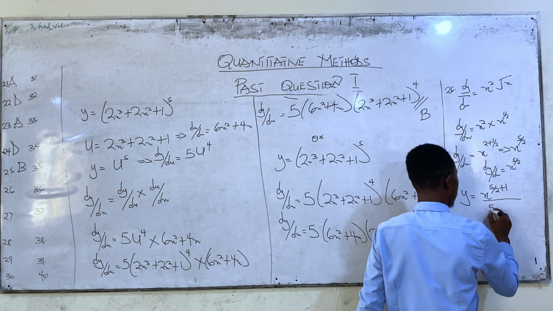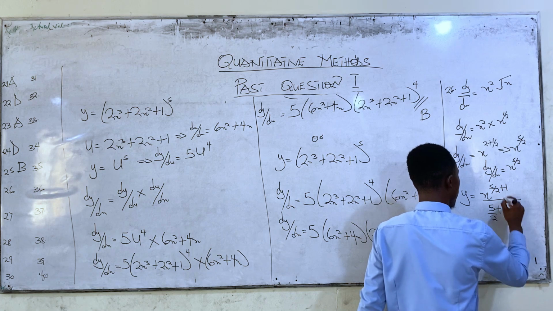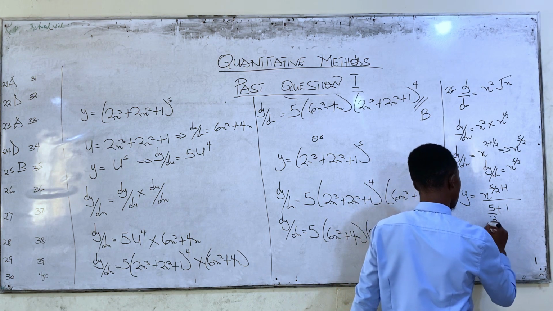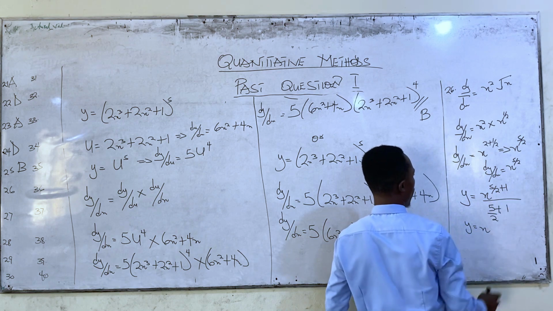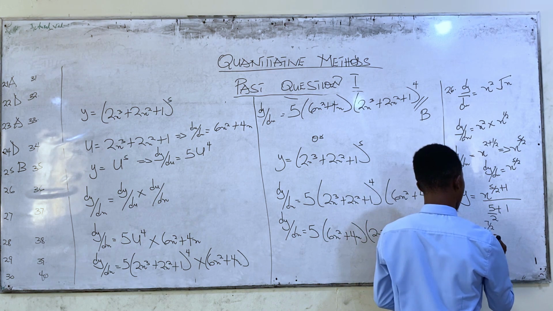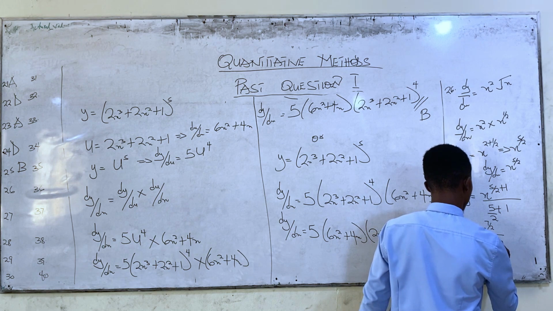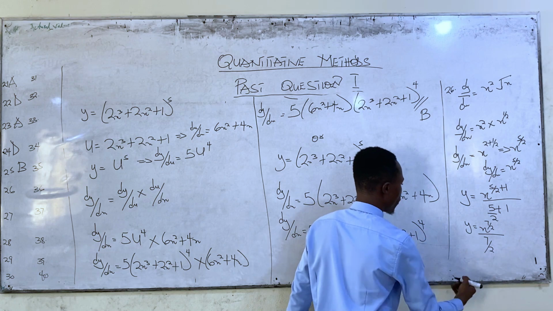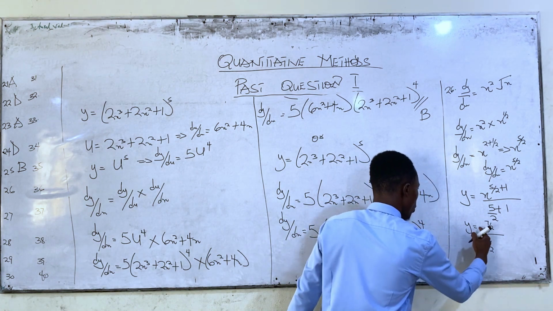The same thing, 5 on 2 here plus 1. Okay, so y is equal to x exponent, 2 times 1 is what? 2 plus 5 is 7. So you have 7 on 2 here over 7 on 2 here. Okay, so if you want to simplify it more further, you have 1 here.